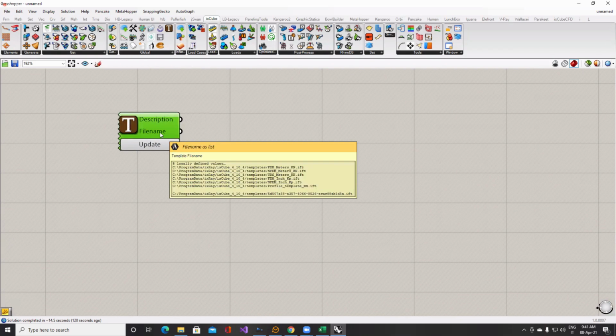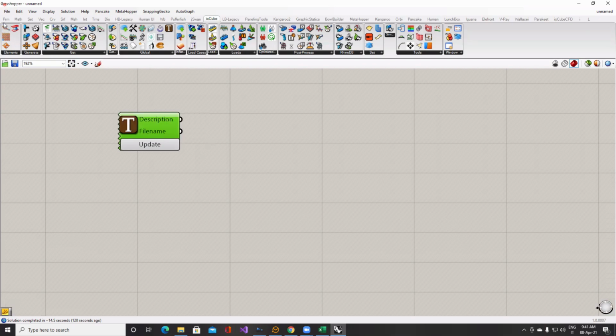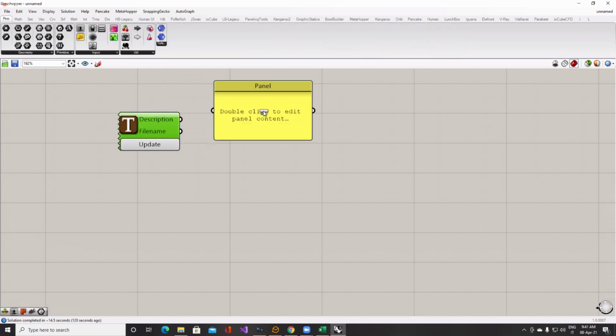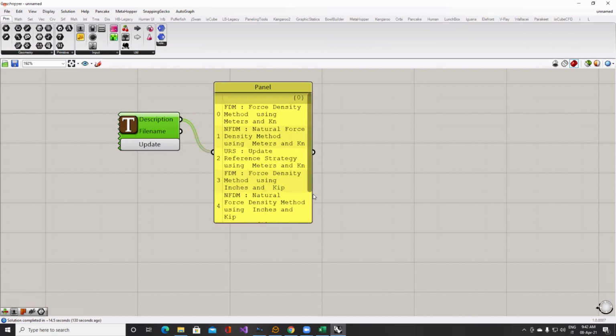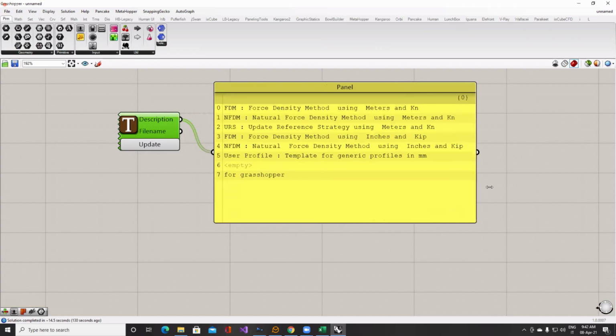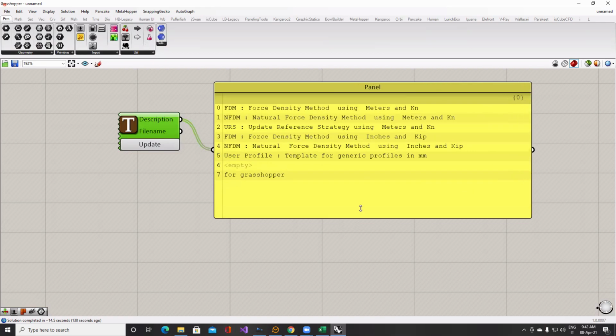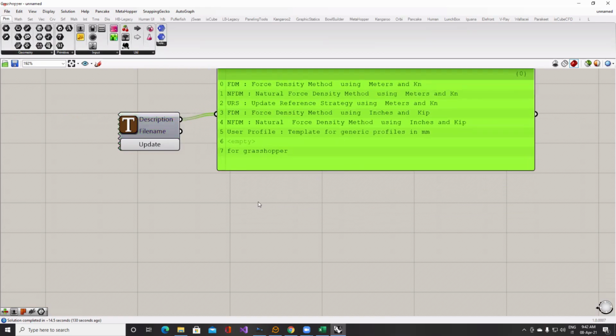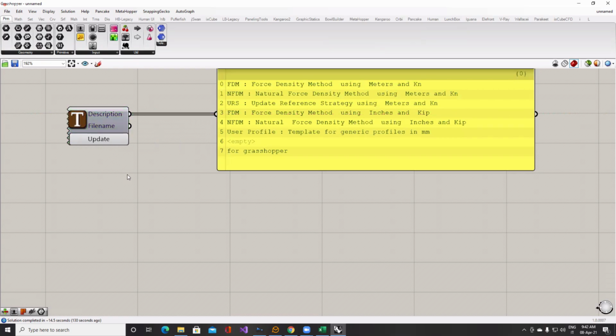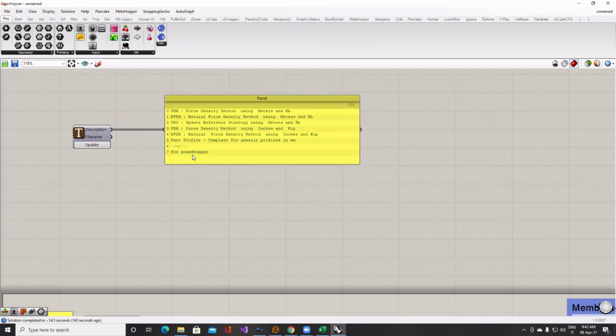If you update, it gives you the list of available templates. Okay. And clearly, what we would like to do is to start always from the same template. So the template that we want to use is the number 7 for Grasshopper.